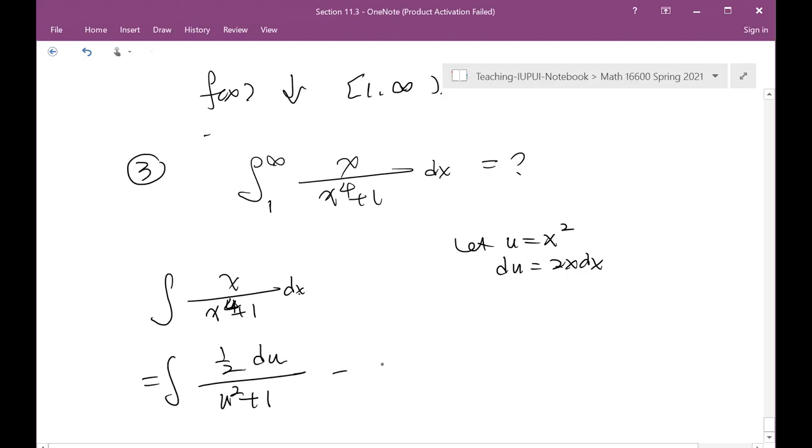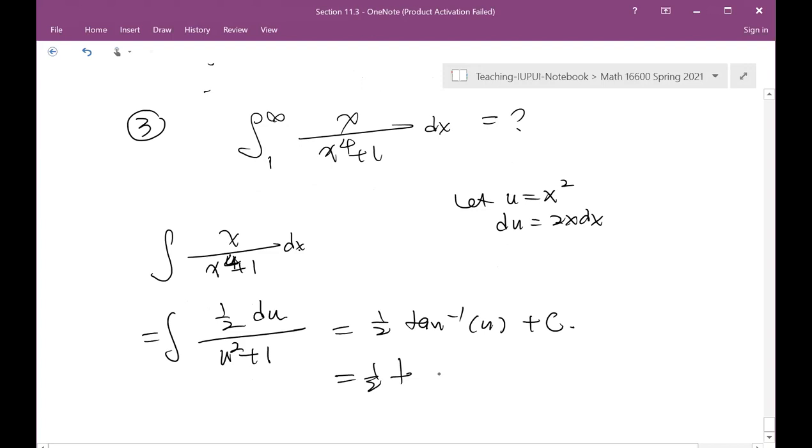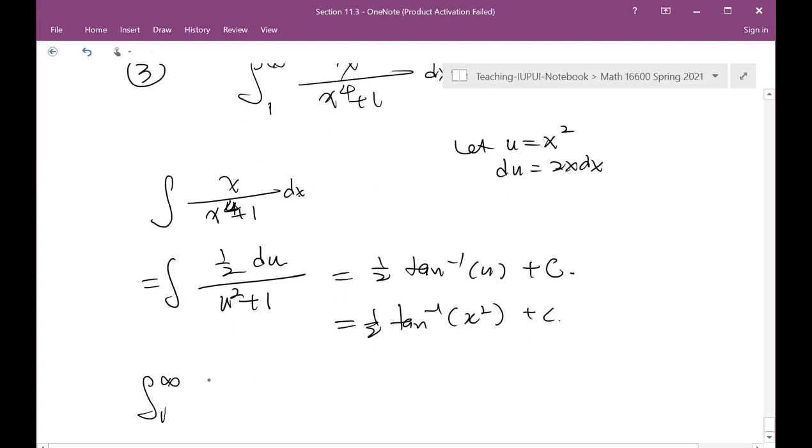So I know this is going to be arctangent of u, plus a constant, and u is x squared. So now I can evaluate this integral.